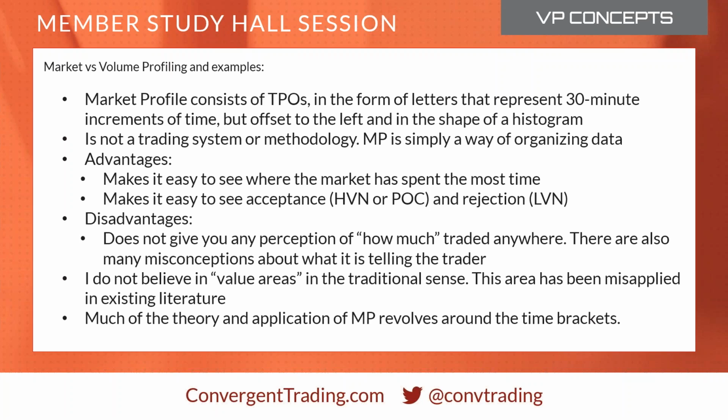The advantages of MP is it makes it easy to see where the market has spent the most time, easy to see acceptance, high volume nodes or point of control that represents acceptance, or rejection, which is represented by low volume nodes and single prints. Disadvantages: it does not give you any perception of how much traded anywhere. There are also many misconceptions about what it is telling the trader.